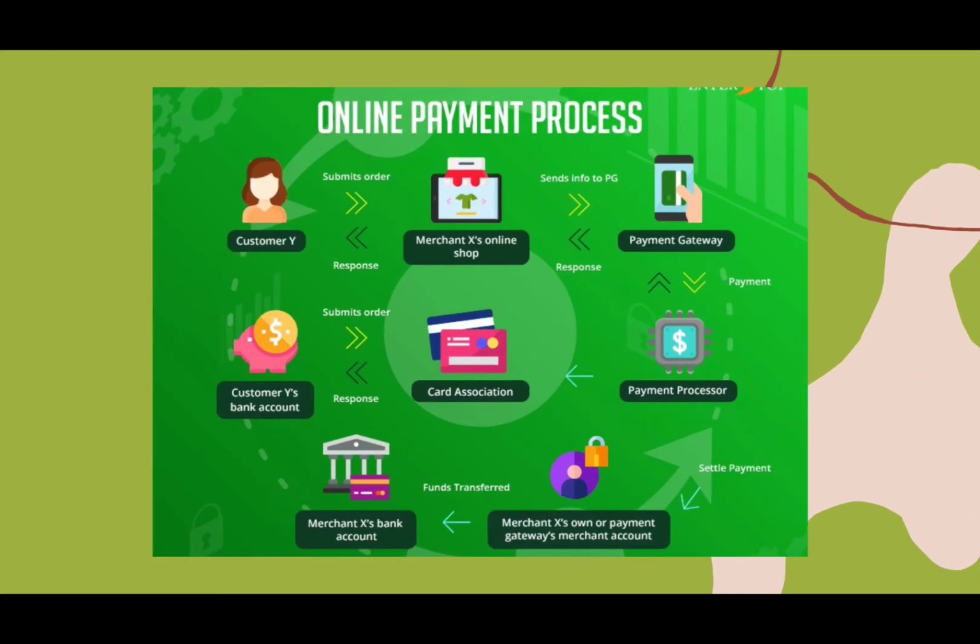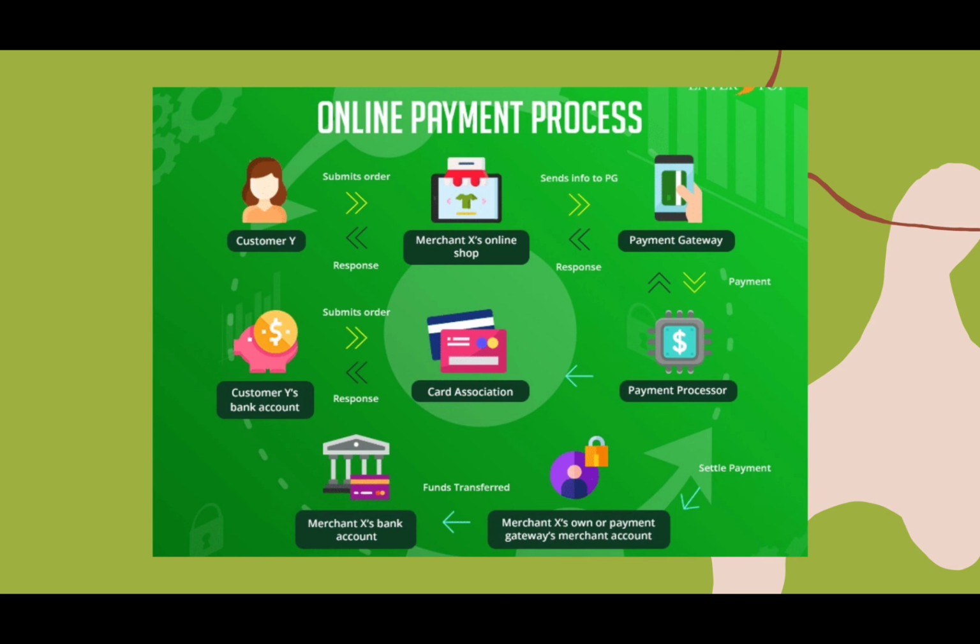So here is the online payment process flow. In the upper left corner, we have the customer purchasing products on the merchant's e-commerce website. After the customer purchases the products, the e-commerce website sends the info such as product codes and amount to the payment gateway provider, which is Ideal.